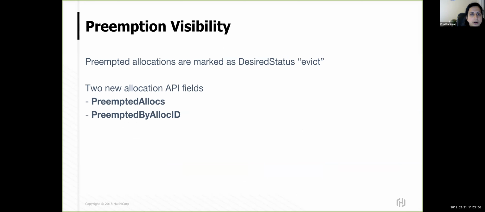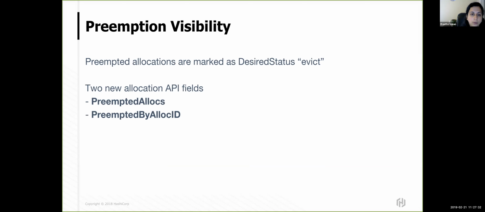For the most part, all of this is just going to happen under the covers. It just works. But we have provided some additional visibility if operators want to debug why their lower priority workload stopped running. We do that by adding 2 new fields to Nomad's allocation API.